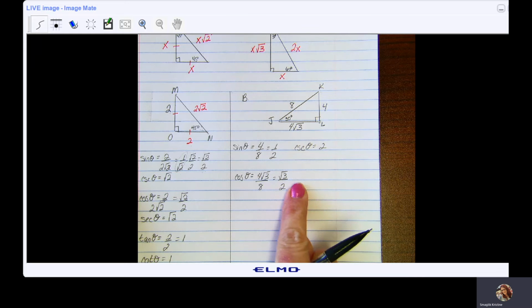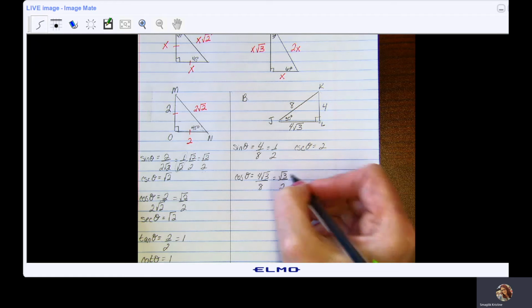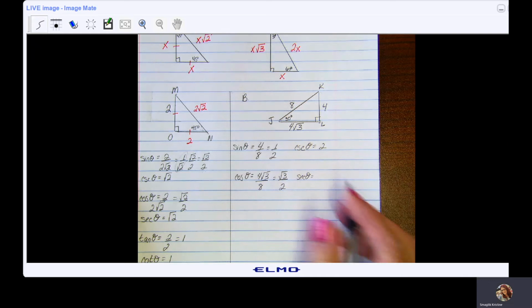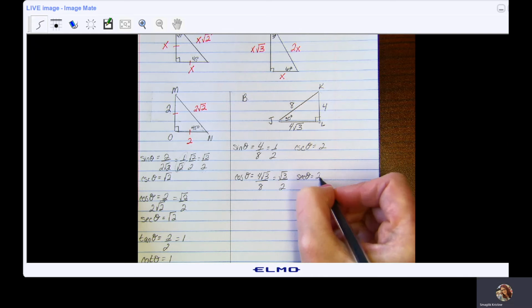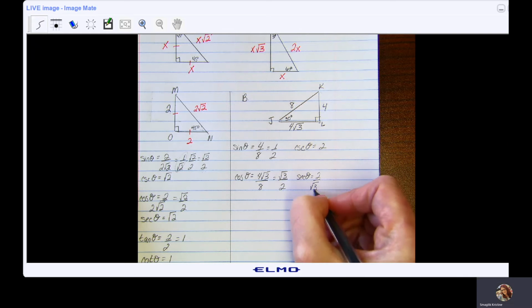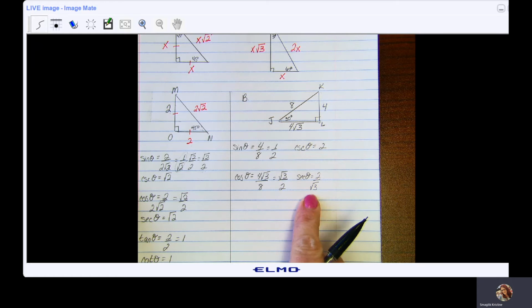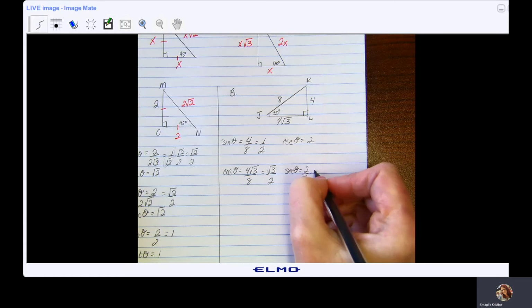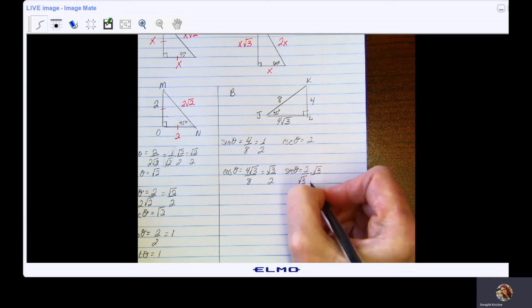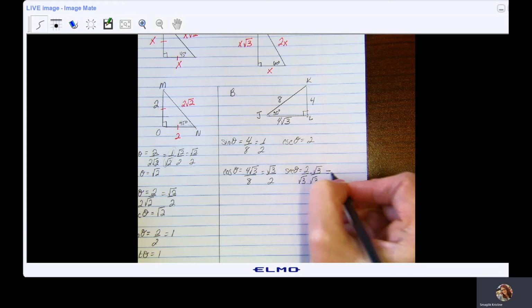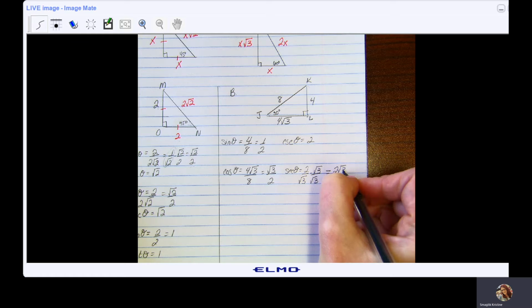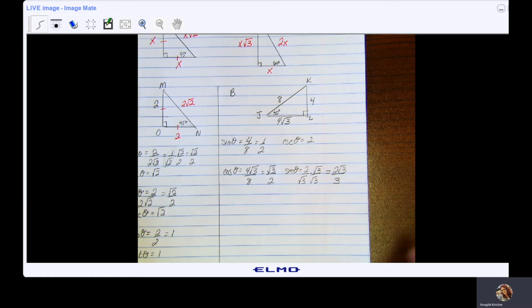And now the reciprocal, secant. Okay, this one I'm going to have to flip, 2 over the square root of 3. Rationalize the denominator, so I'm going to multiply top and bottom by the square root of 3. And I get 2 times the square root of 3 all over 3.